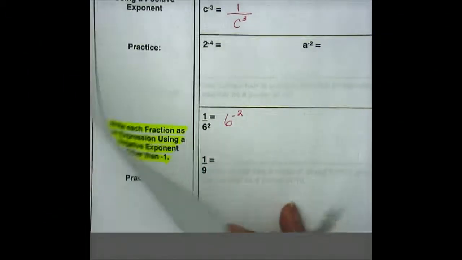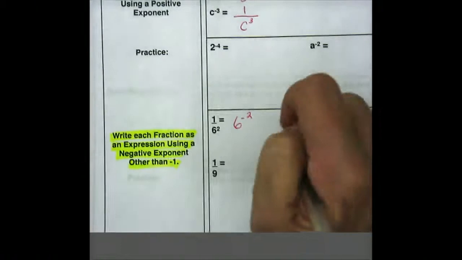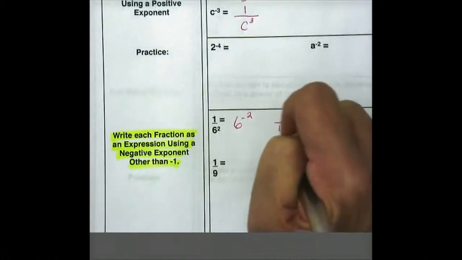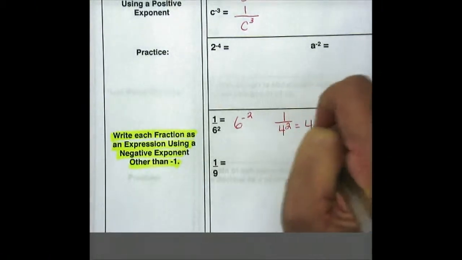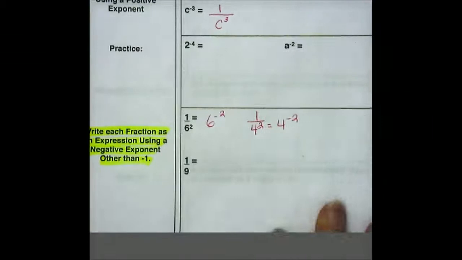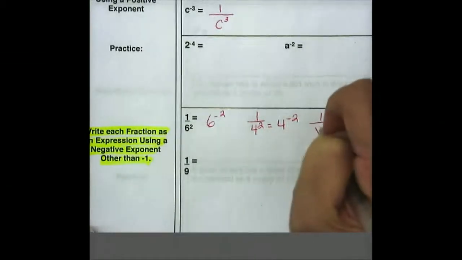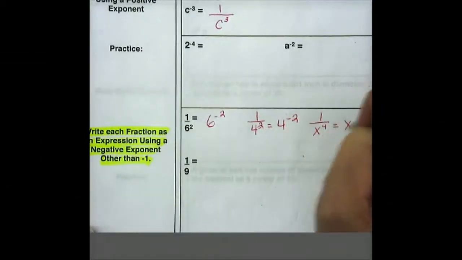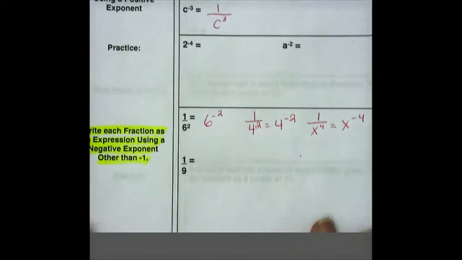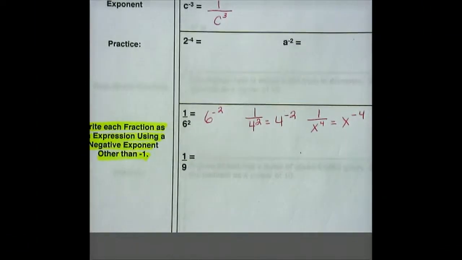So if I had 1 over 4 squared, it would be 4 to the negative second. If I had 1 over x to the fourth, it would be x to the negative fourth. So it's just the opposite of what we've been doing all along with our negative exponents.